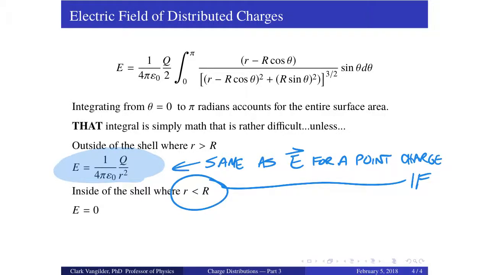So get this: a sphere of charge acts like a single charge at the right distance. That should make some sense. We might suspect that, but until we prove it, it's not established.